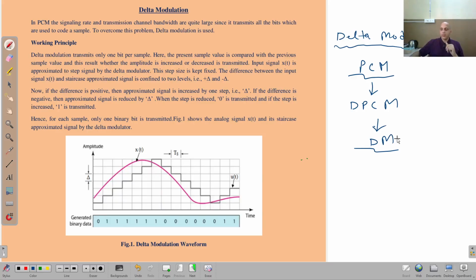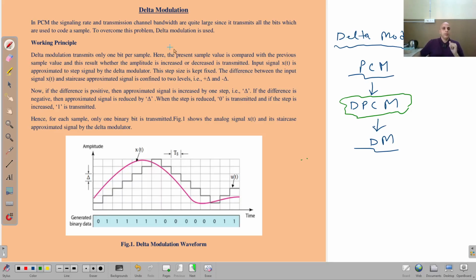We have seen when we discussed differential pulse code modulation that it suffers from some drawbacks. The main drawback of differential pulse code modulation was the high bit rate and the large channel bandwidth required for the transmission of these DPCM signals.